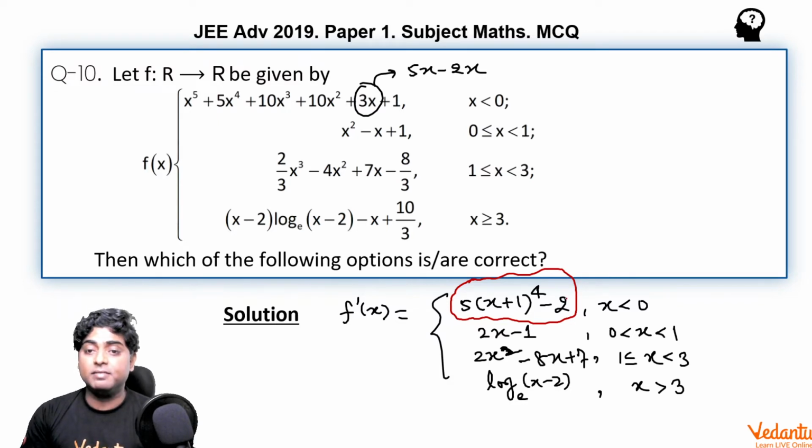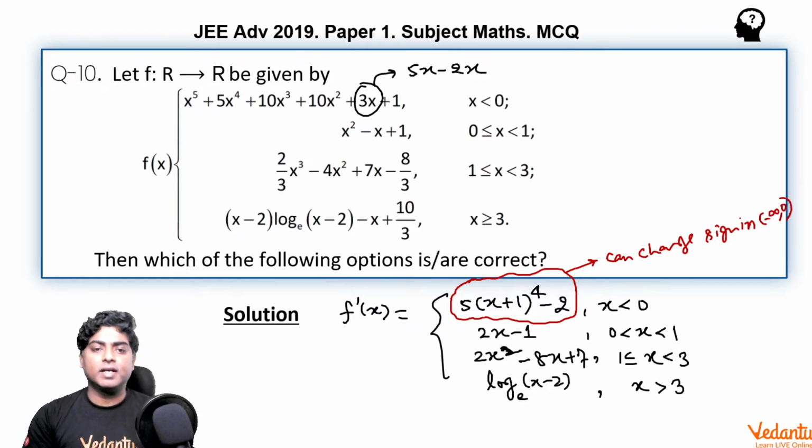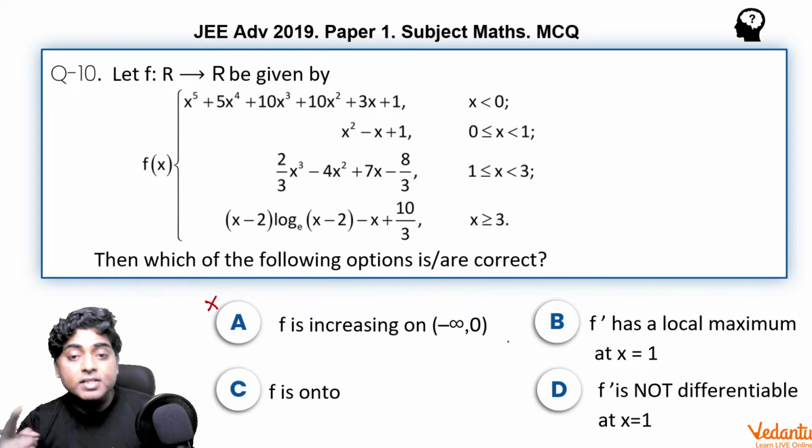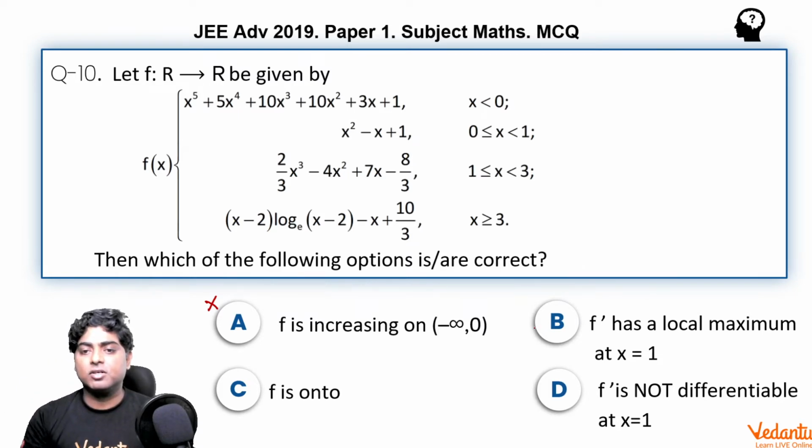It may be negative, may be positive, it can change sign in minus infinity to 0. So option A is not correct, right? It is not always increasing, f dash was not always positive.